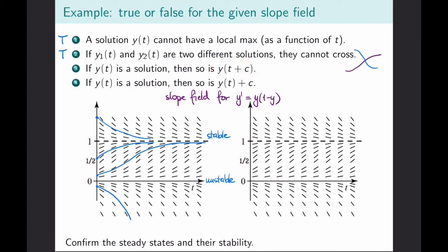If I have one of these as solutions, then if I have a horizontal shift in the function, will that also produce a solution? So let's say I start with this solution here. If I shift this graph horizontally, is this still a solution? Yes, it looks like it. In fact, this is exactly how we build the slope field in the first place.